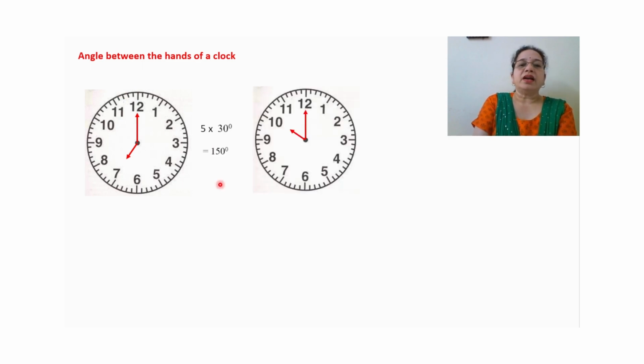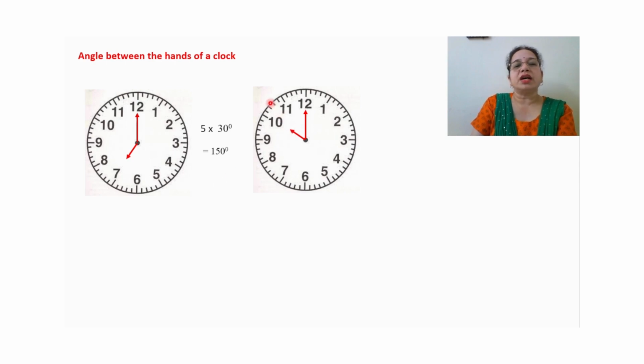Angle between the hands of a clock you need to find out over here. So what will be the angle between the hands of a clock when the arms are on 7 and 12? Here we can find out how many parts are there: 1, 2, 3, 4 and 5. Total number of parts are 5 and the angle between two adjacent numbers is 30 degree. So 5 into 30 will give you 150 degree. Take another figure, the angle between these two arms.